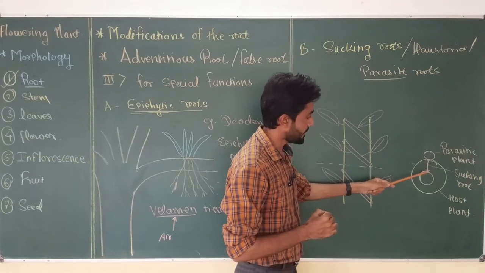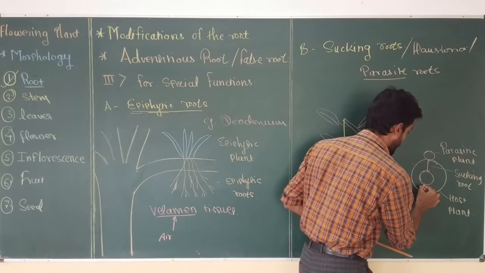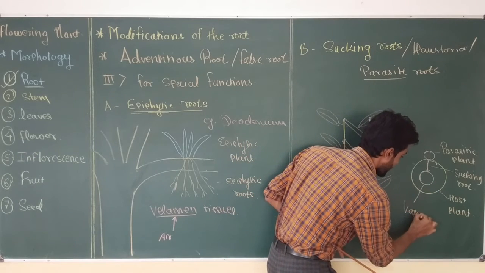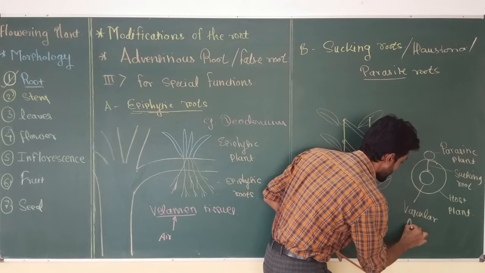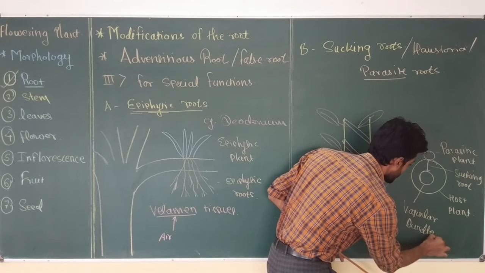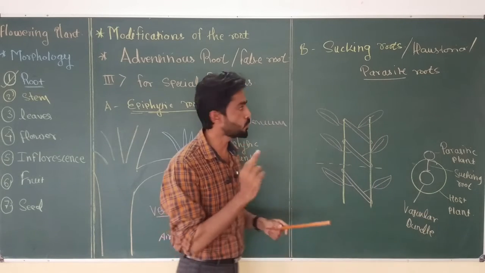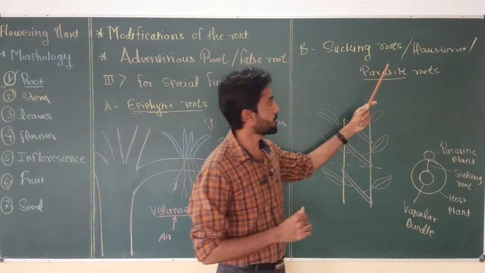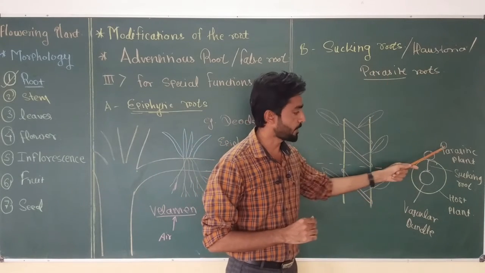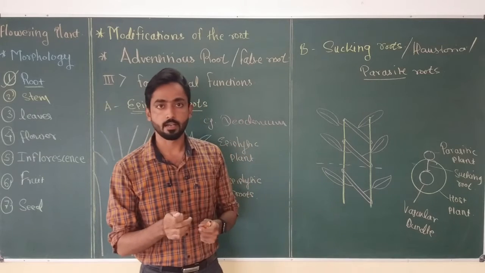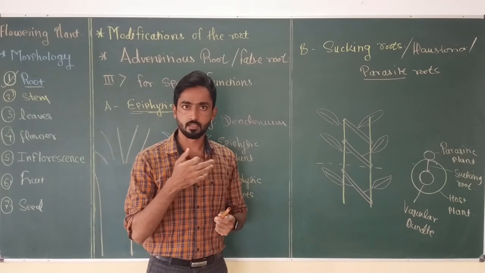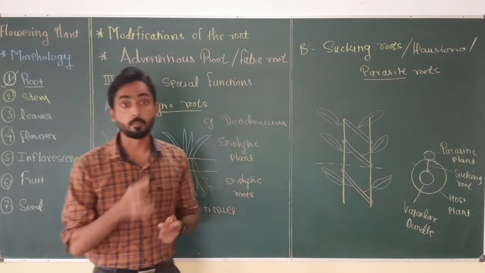Now the root directly reaches up to the vascular bundle of the host plant. Okay, two types of sucking root or parasitic root are present in parasitic plants. They are incomplete sucking root and complete sucking root.